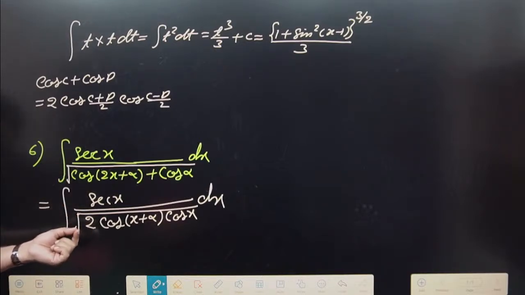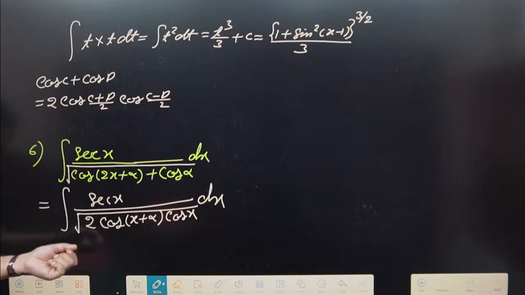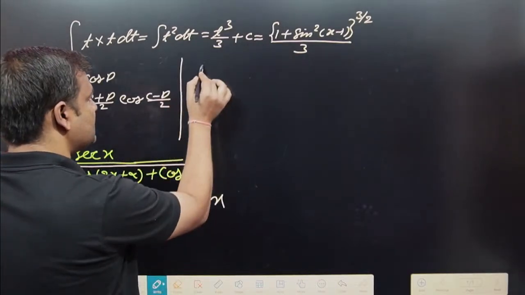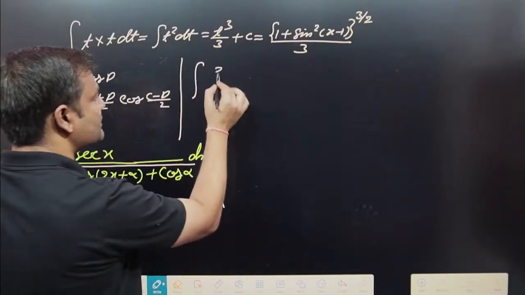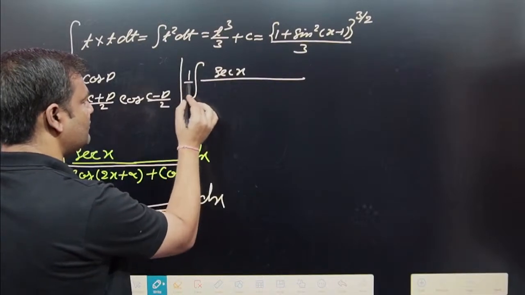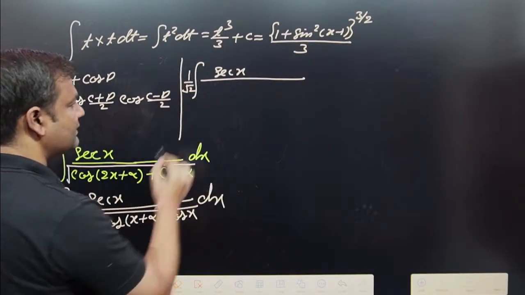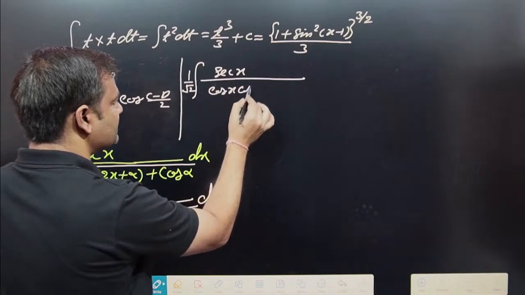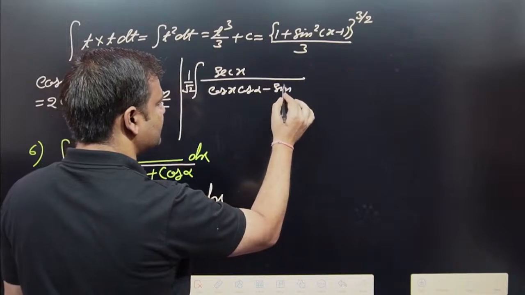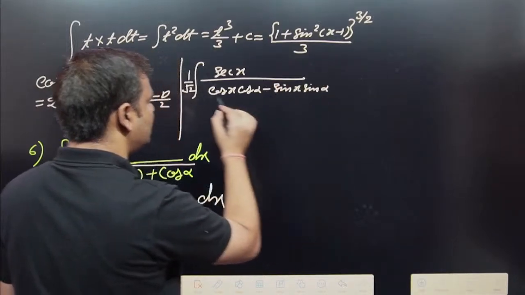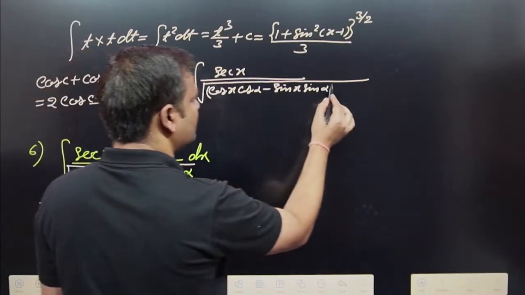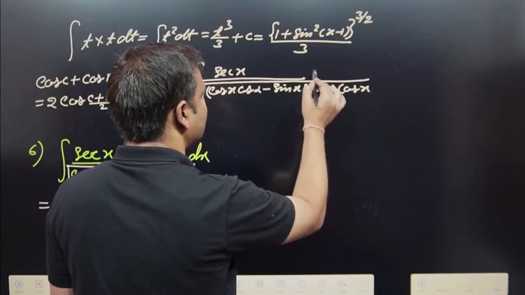So how can we do it? Look here very carefully. I know that the integration of sec x divided by, here 1 by root 2, this is written as cos x cos alpha minus sin x sin alpha, into cos x here dx.